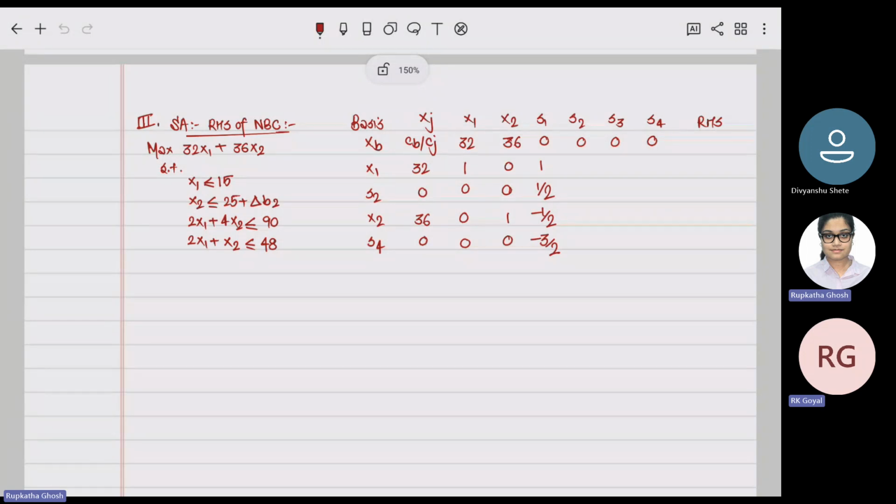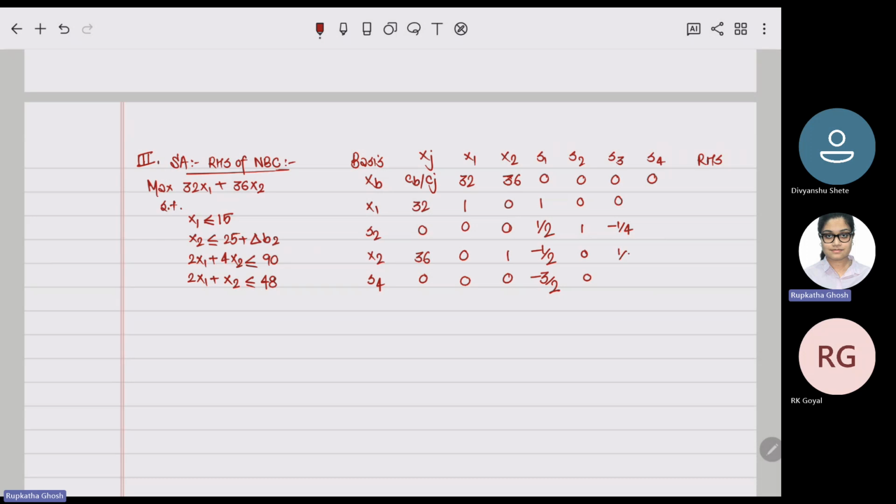Then you have s2 as 0, 1, 0, 0. Then you have 0, minus 1 by 4, 1 by 4, minus 1 by 4, 0, 0, 0, 1. Right?